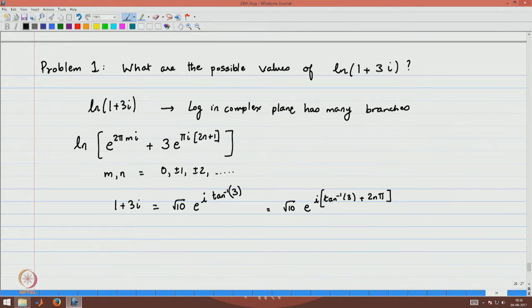Now I can take the logarithm, with n equal to 0, plus minus 1, plus minus 2 and so on. So, the logarithm of 1 plus 3i is the logarithm of root 10, plus i times (tan inverse of 3 plus 2 n pi).